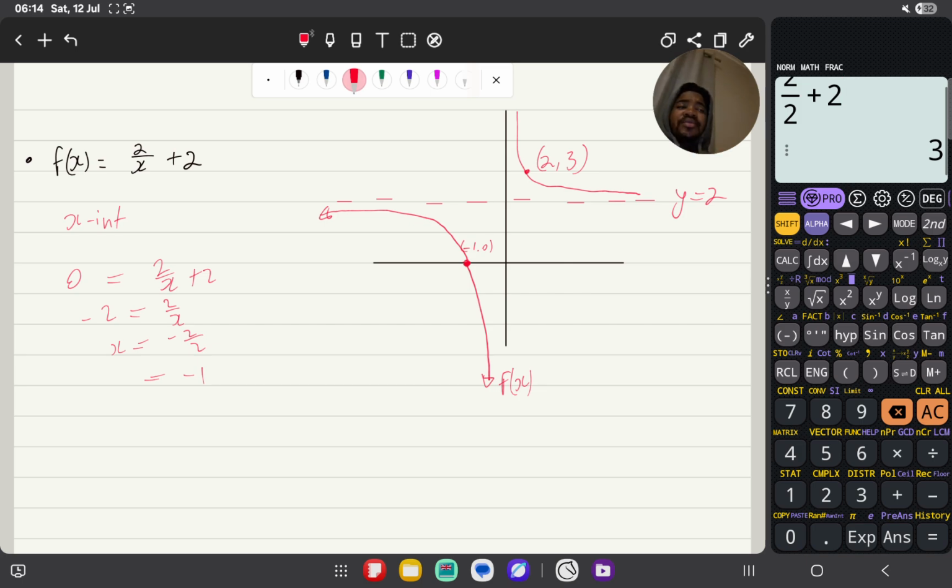It then says, for our hyperbola, your range, since I'm talking about y values, is going to be from negative infinity to 2, and 2 is not included, so that's why we make this open bracket.